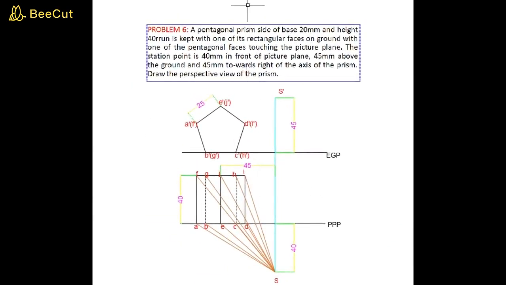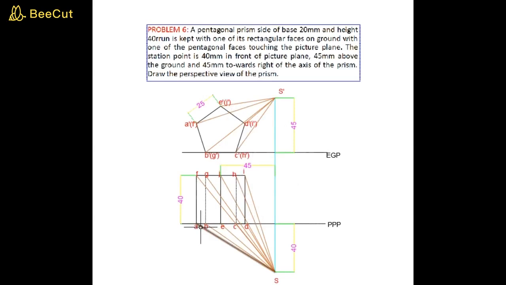Now we can draw the visual rays in the front view. All these are construction lines, so you have to use very light lines while drawing the visual rays.